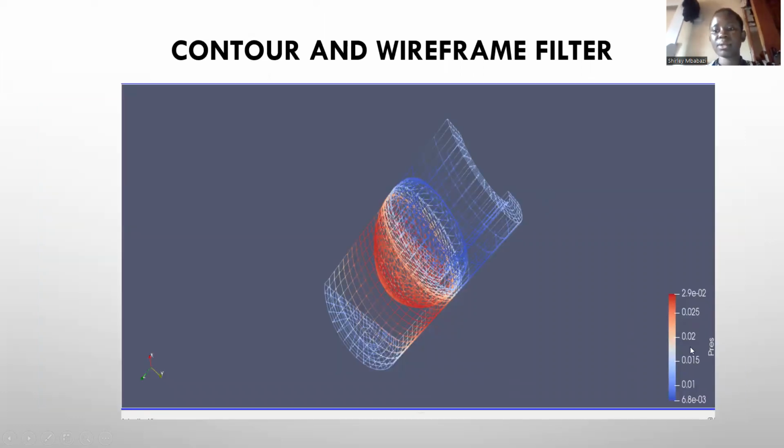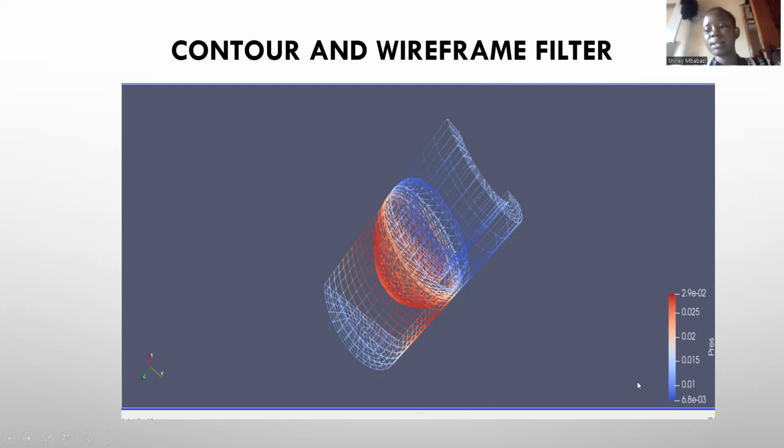I used the contour filter to be able to see how deep it is, how the data is moving from up to down. And then I also use the clip filter. As you can see here, it's clipped into half, so the image is facing the other side, but it's clipped into half. It's a full hollow cylinder.